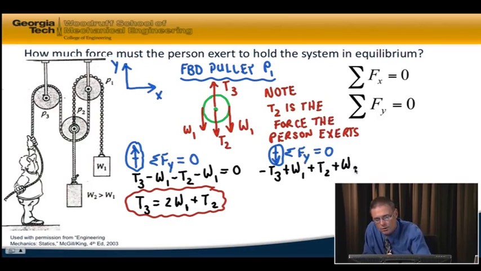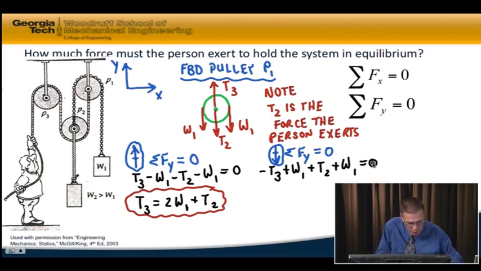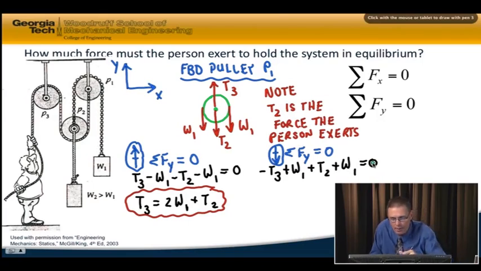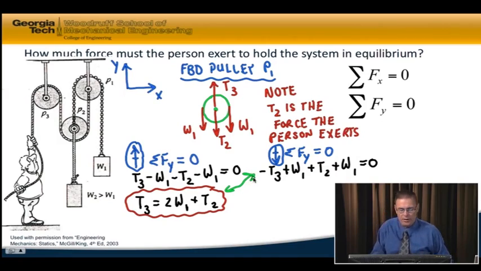W1 is down, so that's plus W1, equals 0. And you'll note that if I carry T3 to the other side and add the W1s together, these two equations are exactly the same. So you get the same result regardless of the sign convention that you arbitrarily chose to assemble the equation.